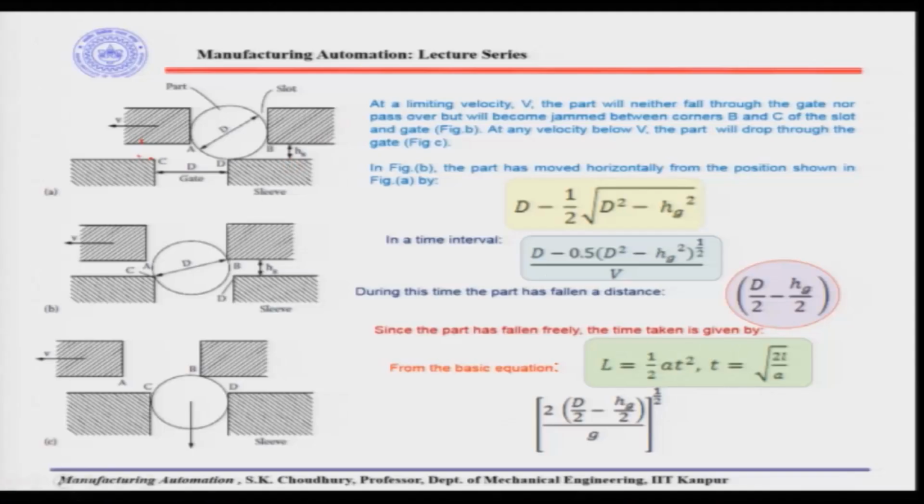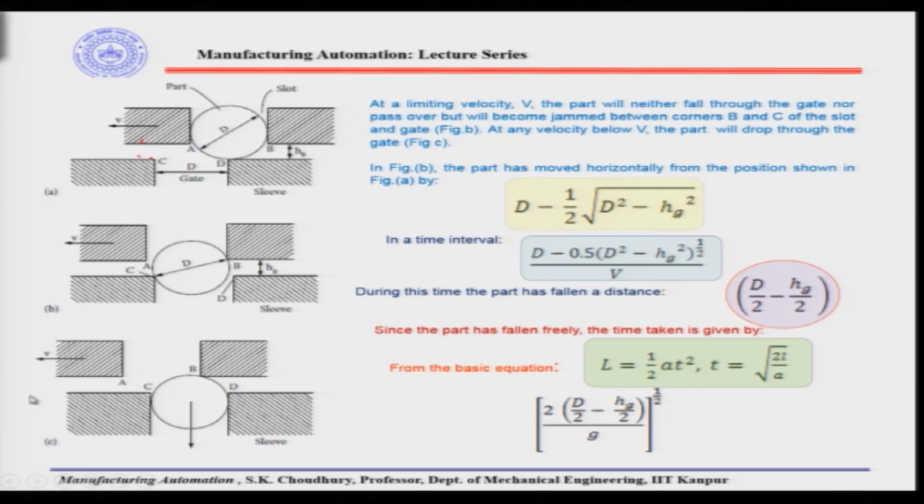Since these two times are the same, if you can find the horizontal distance and the vertical distance it is falling, they can be equalized, and from that we find the velocity. Let me explain it once again, because this may not be very clear.